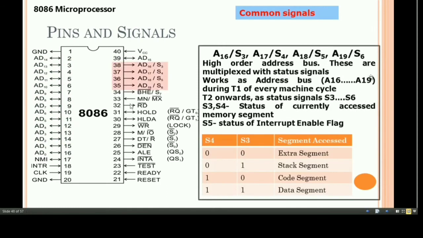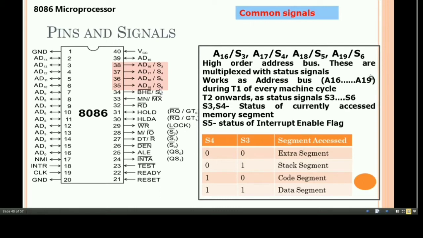Now next is AD16/S3, AD17/S4, AD18/S5 and AD19/S6. This AD16 to AD19 is called the higher order address bus, and it is multiplexed with the status signals S3 to S6.